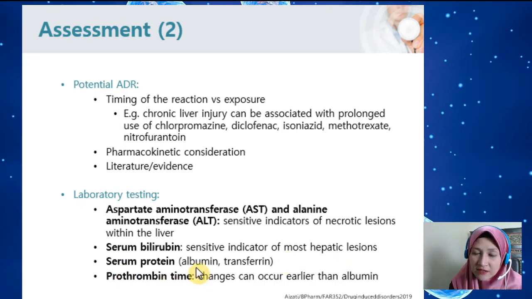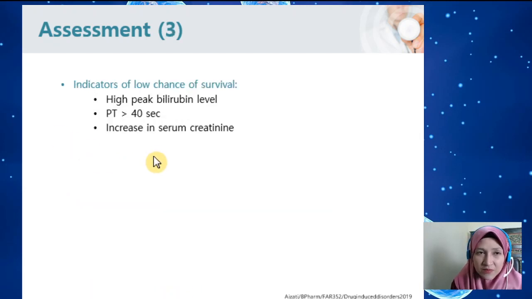Serum protein like albumin, transferrin, and prothrombin time. So in terms of the prognosis, when the patient has a high peak bilirubin level, or if the PT, prothrombin time, is more than 40 seconds, and there is an increase in serum creatinine, then the patient is considered to have a low chance of survival.